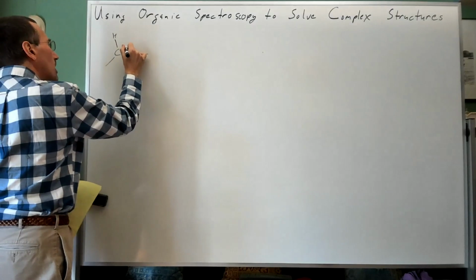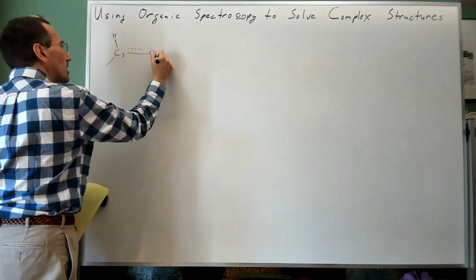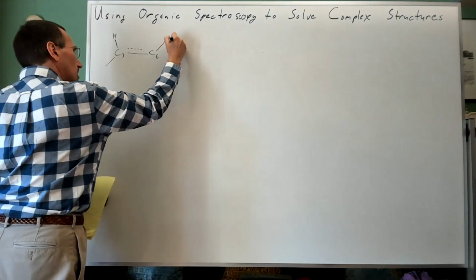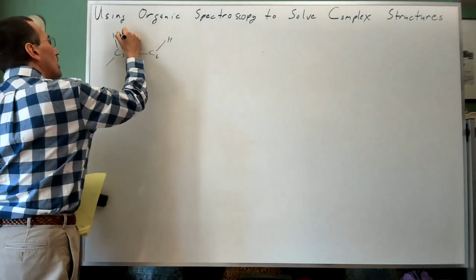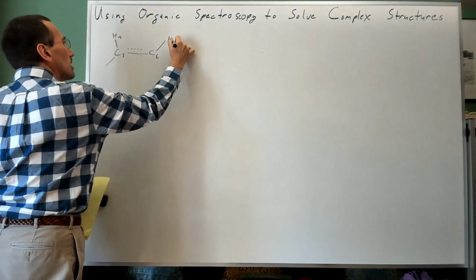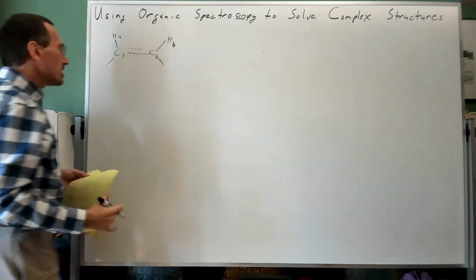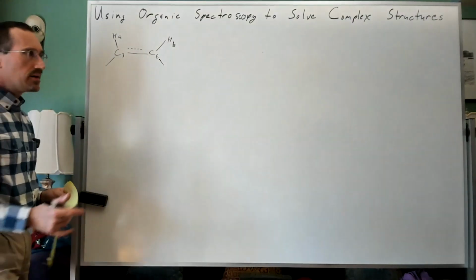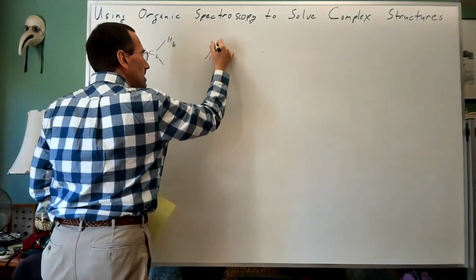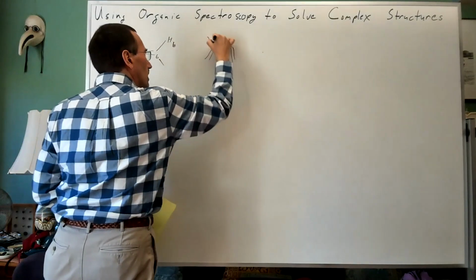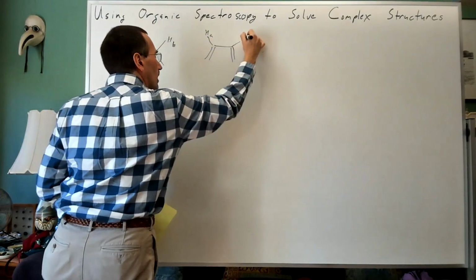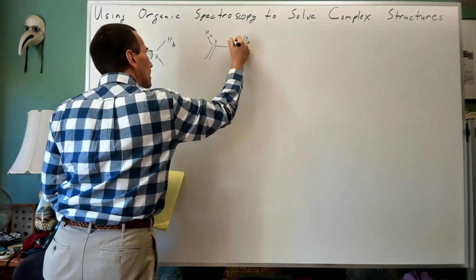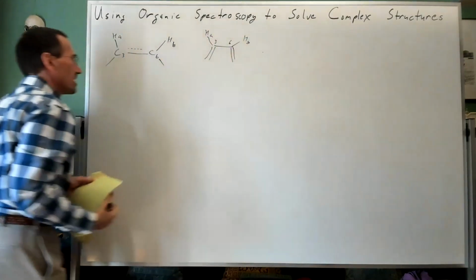So this could be a cis alkene, like so. And the only reason I'm maybe keeping things open here is it's conceivable we could have something like this.